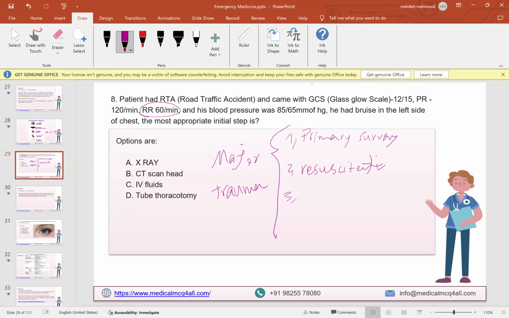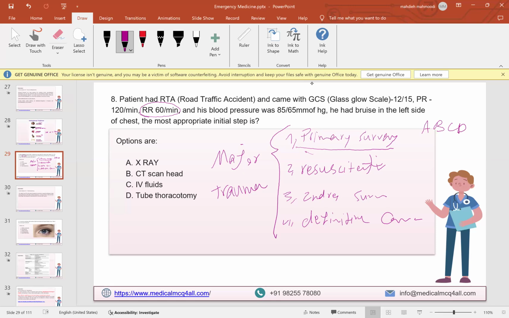Step 3, secondary survey. Step 4, definitive care. What does it mean? It means first, if the patient comes to you with a major trauma, you do ABCD, making the patient stable, looking for the things that are killing the patient right now.